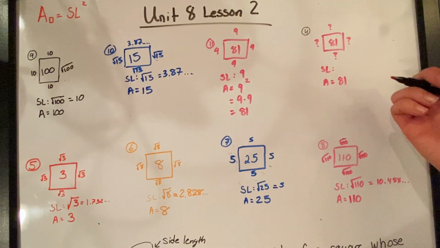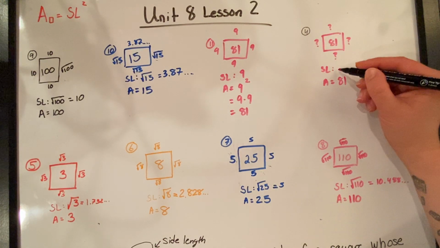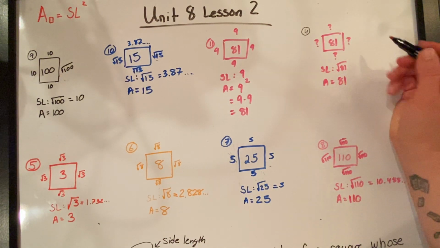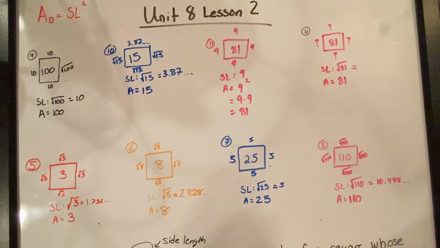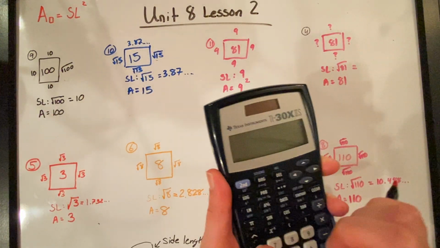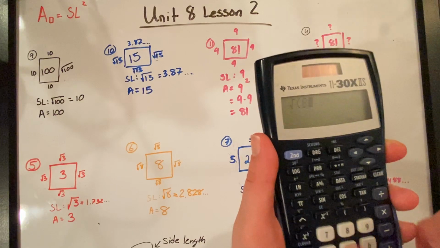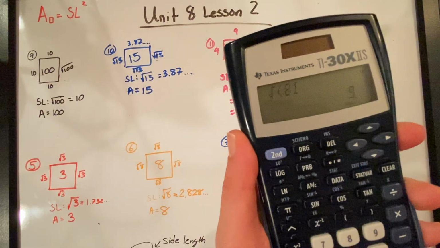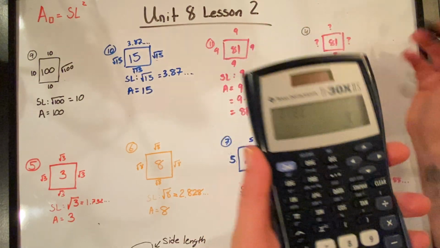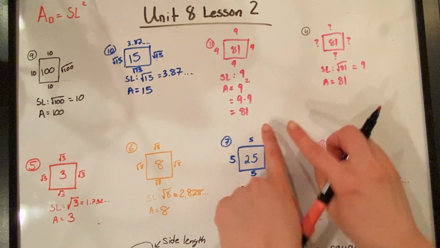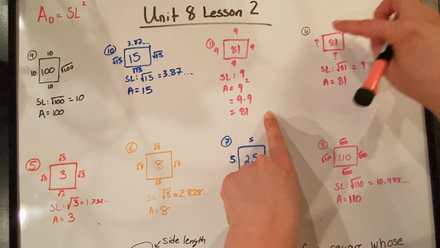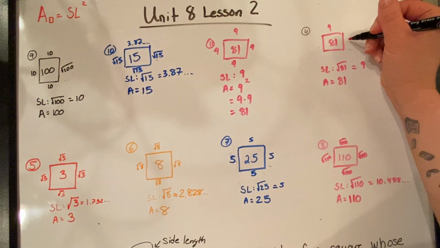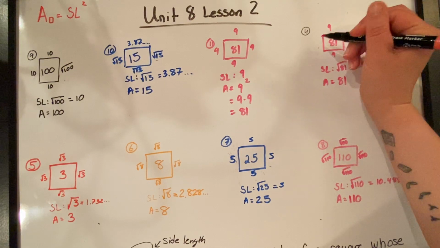So with a square, to find the side length, you just do the square root of our area, which is 81. We could put that into our calculator, and we'll do the square root of 81. And you will get 9. And as you can see, that is exactly what we found out here. We worked with the same number, so each side length is 9.